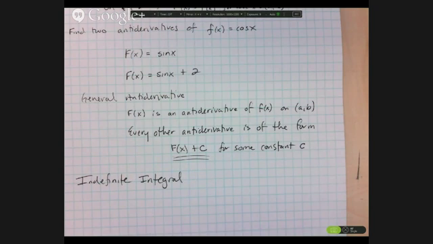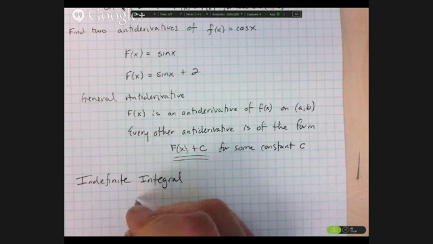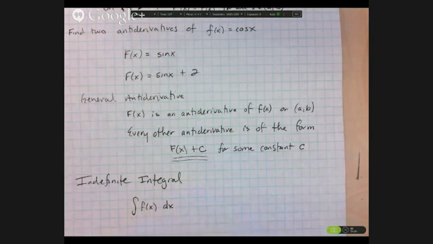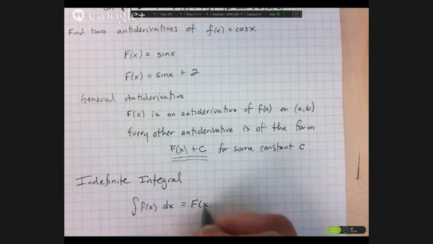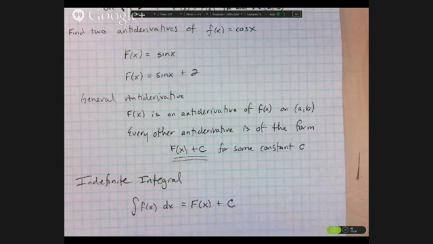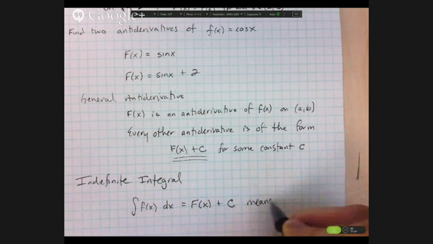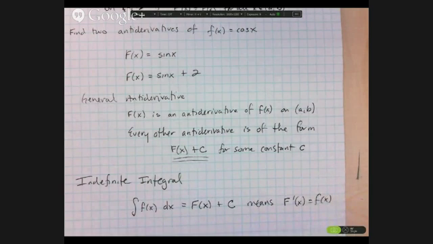We're going to call it an integral, and it's going to be written like this: the integral of f of x dx equals big F of x plus C. This means big F prime equals little f. So you can see the general antiderivative and the indefinite integral are the same thing.